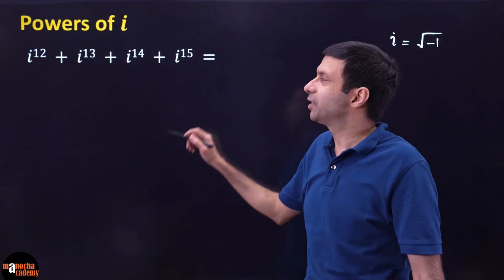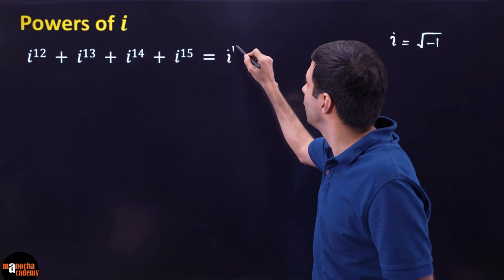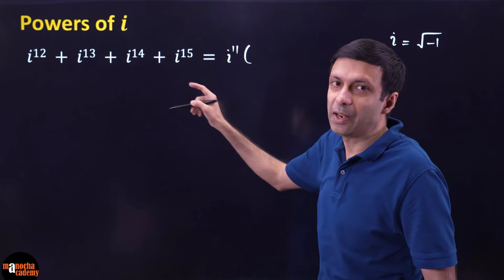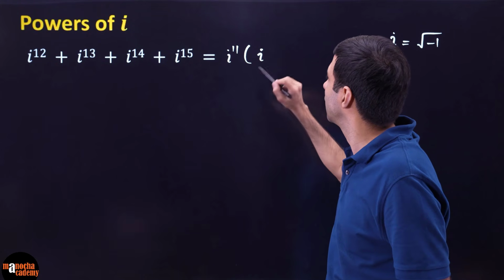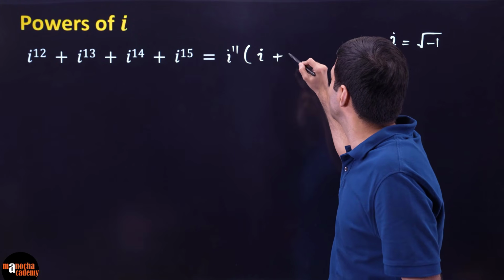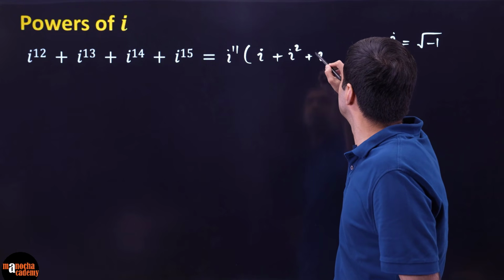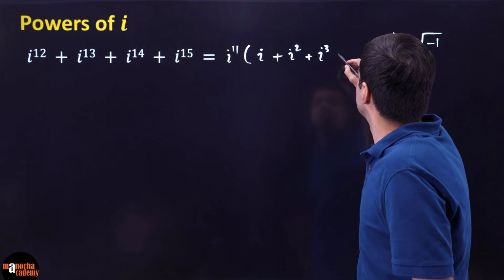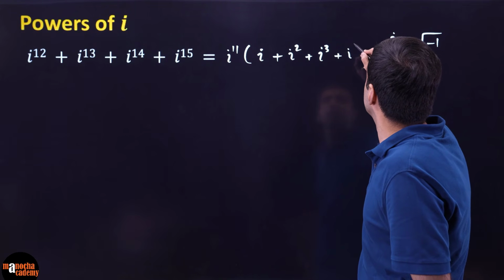What we can do is take I to the power 11 common. So what will I be left with? I to the power 12 will be I to the power 11 times I. And the next term will be left with an I square, then an I cubed, and then an I to the power 4.